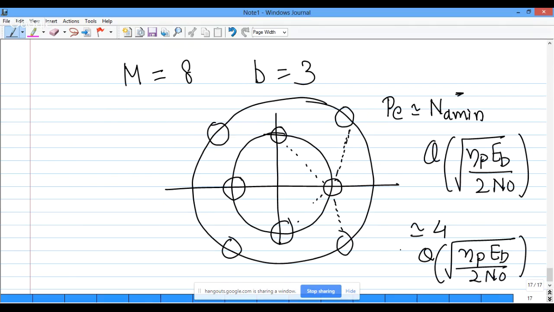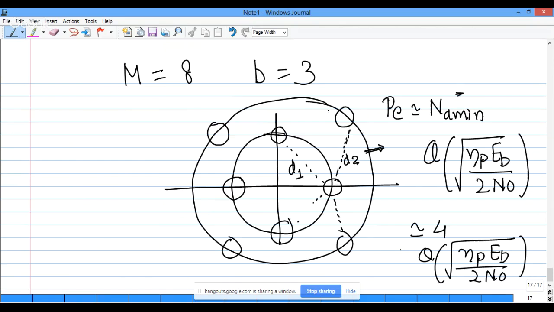Now you have to do some mental exercise before we can find this eta_p. As the radius of the outer circle increases, let's say beyond the point where these two distances are equal, let me label this distance d1 and this d2. If I increase this radius such that d2 is much larger than d1, then I would not be minimizing my probability of error, but I would be investing extra energy per symbol.